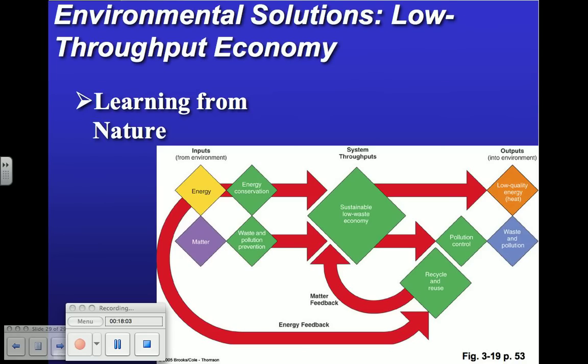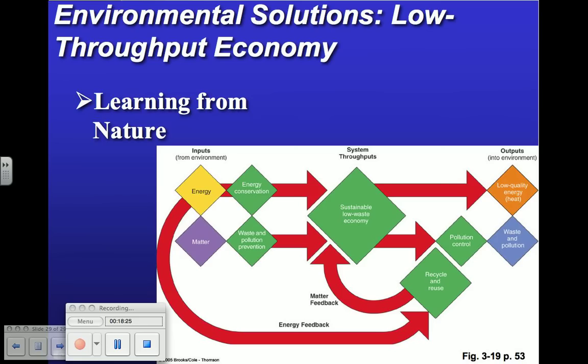Okay, and this graphic walks through the idea of how the environment utilizes matter, and whether we can model the way that we consume after how the environment utilizes resources.